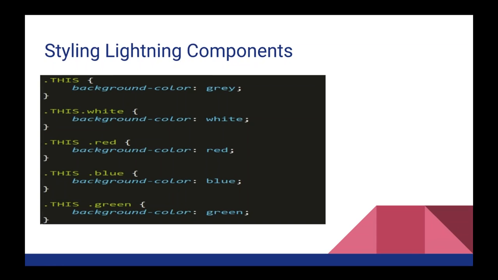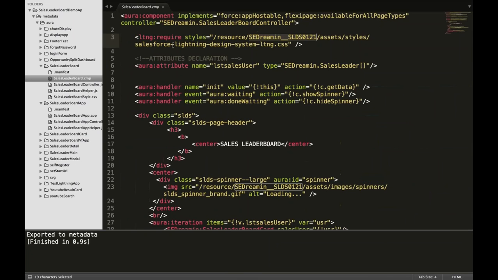But if you want to manipulate one particular component to style it differently, you can come inside the component, go inside the CSS window and write some style sheets there. That's the basic use of it. Otherwise, you should be good with just doing OOCSS, which is basically loading the Lightning component static resource. All right.